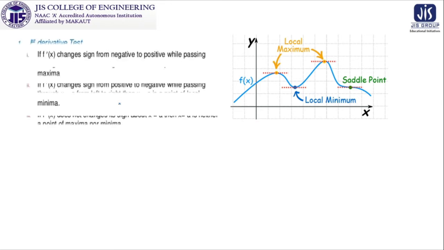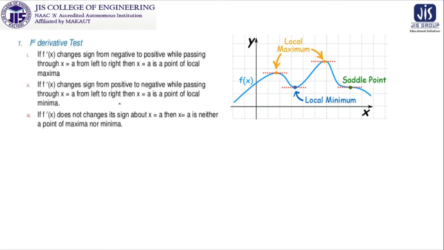Our first derivative test tells us that if f(x) is a function and f'(x) changes sign from negative to positive, passing through a from left to right, then x equal to a is a local maxima. So it is our left to right direction, and f'(x) changes sign from negative to positive.